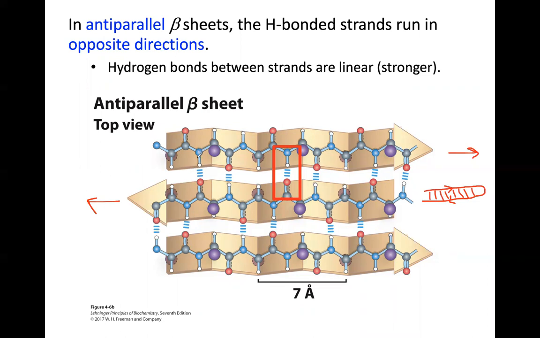Again, it alternates. NH, carbonyl, carbonyl, NH. NH, carbonyl, carbonyl, NH. And here the hydrogen bonds are linear, right? So they're somewhat stronger. But again, they're nicely positioned to have a repetitive character, right? And here we have donor, acceptor, donor, acceptor, donor, acceptor, and the opposite on this one. So this will be anti-parallel beta sheet. These are somewhat stronger. In fact, when we talk about, let's see.